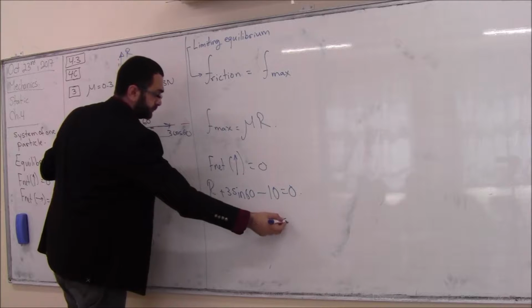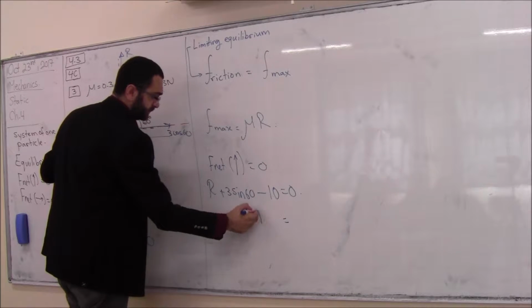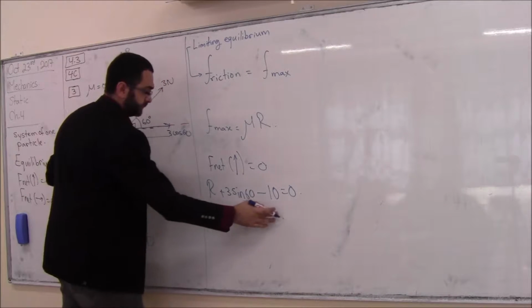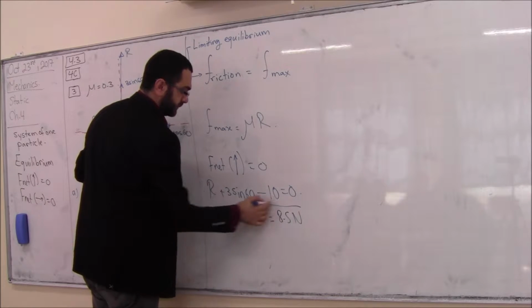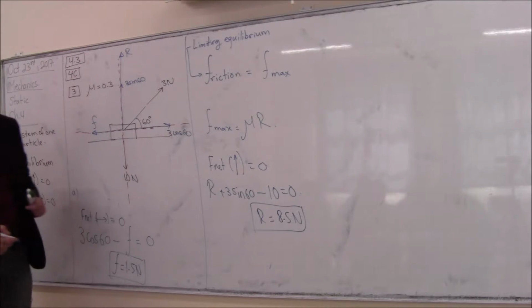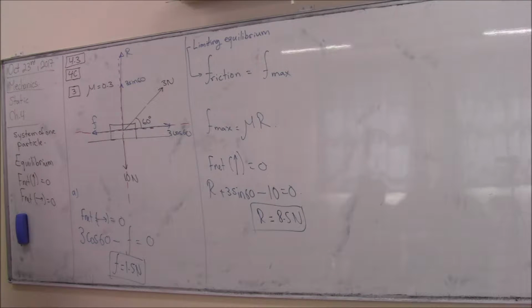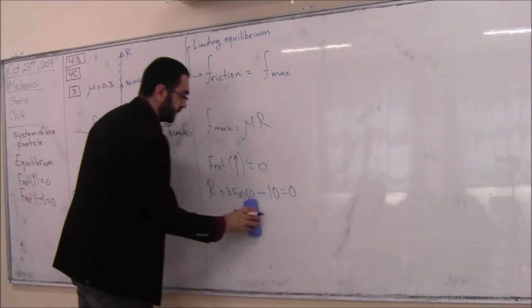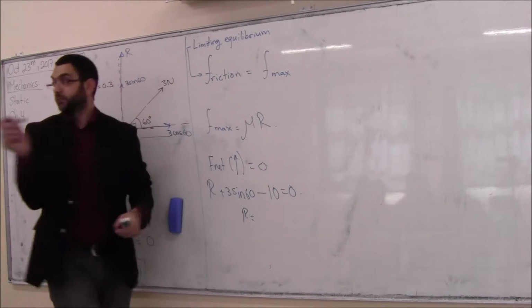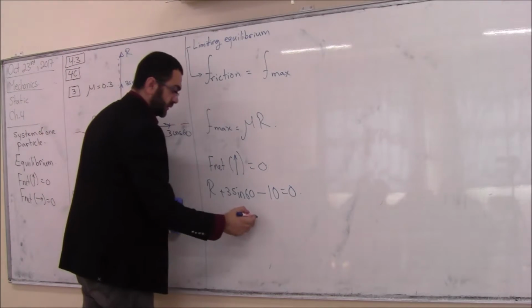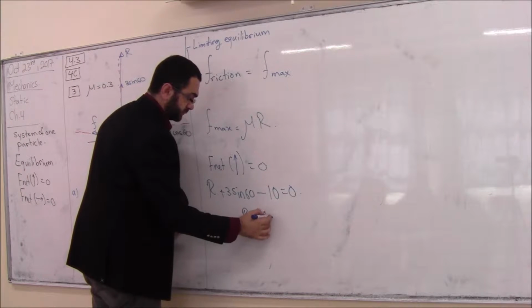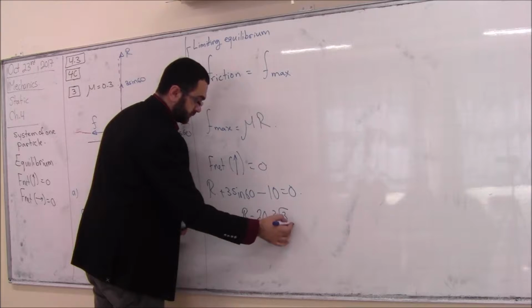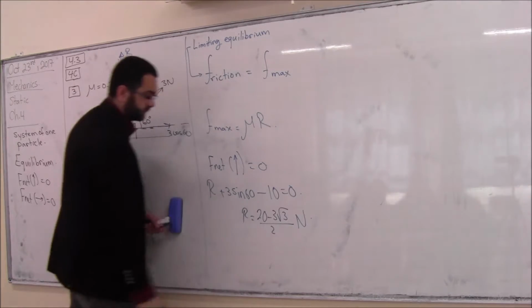So R equals 10 minus 3 square root 3 over 2 newtons.